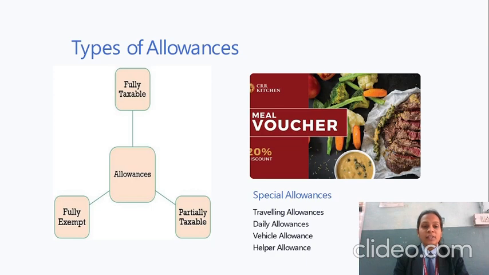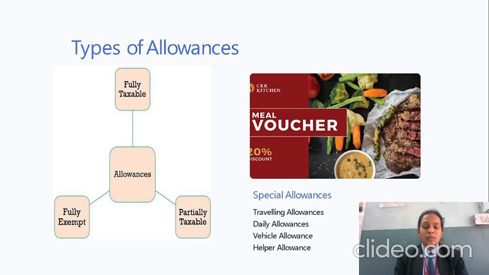Now we see the types of allowances. Allowances are mainly divided into three types: fully taxable, fully exempted, and partially exempted or partially taxable. Fully taxable allowances include dearness allowance, overtime allowance, entertainment allowance, tiffin allowance, etc. Then fully exempted allowance, which is exempted from tax fully.